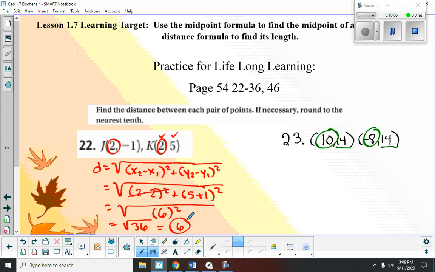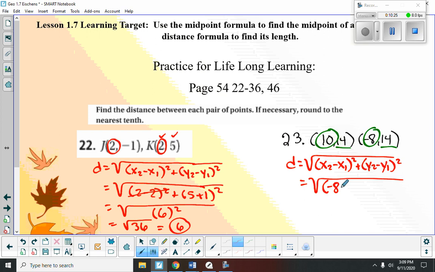All right, last one. So the distance formula, x sub 2 minus x sub 1 quantity squared plus y sub 2 minus y sub 1 quantity squared. All right, so we're subtracting the x's, so negative 8 minus 10 quantity squared. And then 14 minus 14, another one that we'll be able to just cross out.